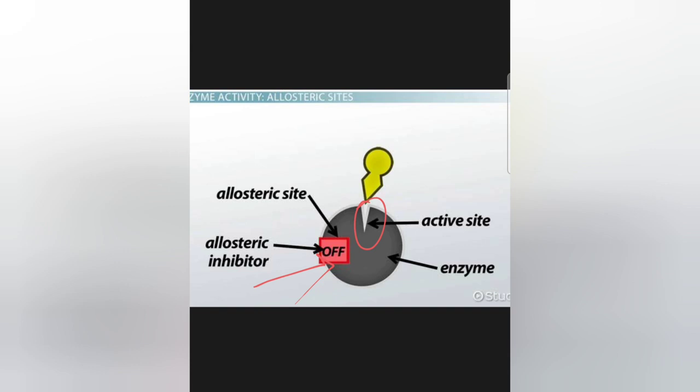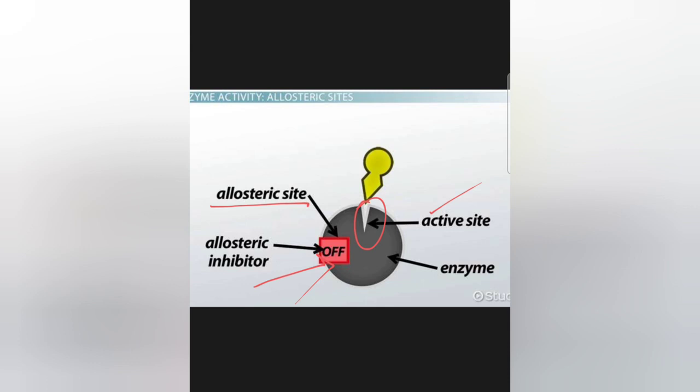So any effector molecule that binds with the enzyme at the allosteric site and thus brings about any conformational change in the active site of the enzyme, which is the binding site of the enzyme with the substrate, and thus a favorable or unfavorable change takes place, is known as allosterism.